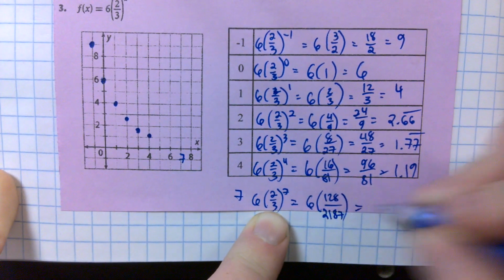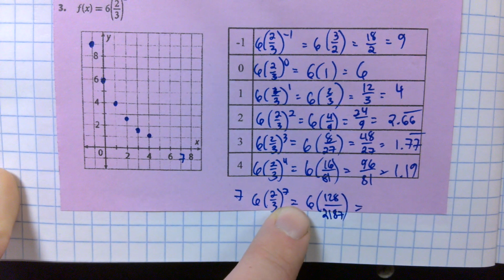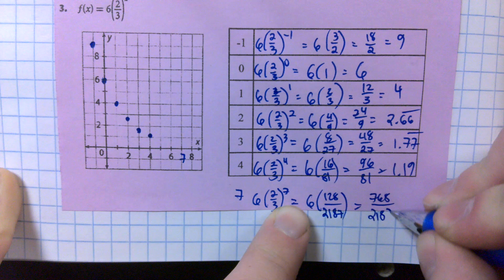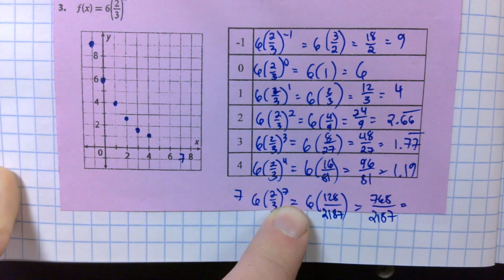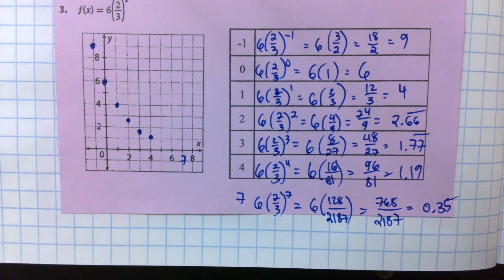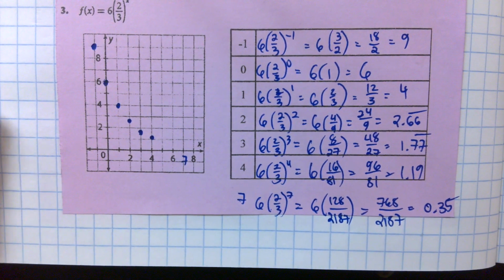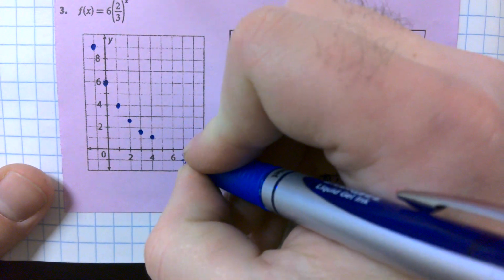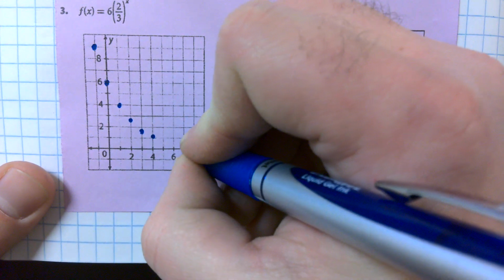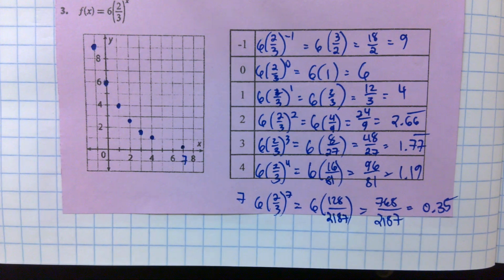Again, we're just using a calculator here. Multiply across the top to get 768 over 2187. 0.351. We'll just cut it at 0.35. So 7, 0.35, like a third of the way up there.